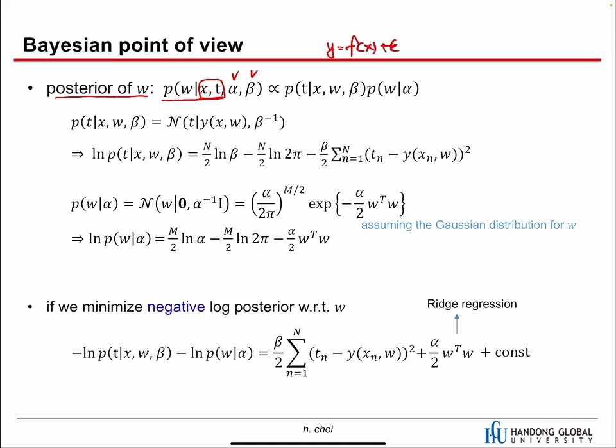Previously, we defined the equation y is f of x plus epsilon, and epsilon is coming from a Gaussian distribution with zero mean and variance. And beta inverse is the variance.